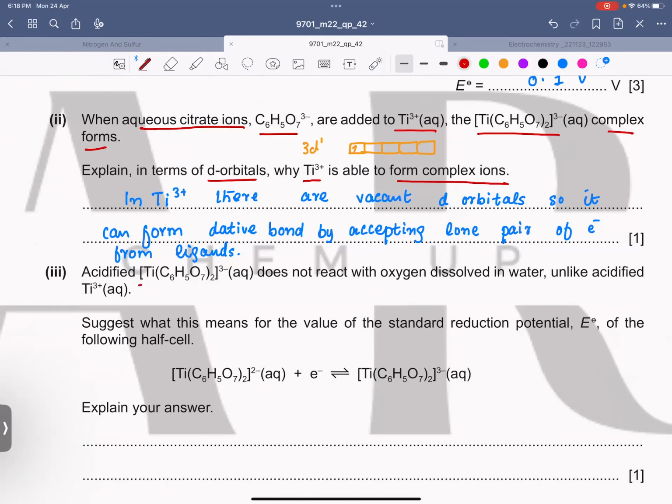So acidified, this complex does not react with oxygen dissolved in water, unlike acidified titanium 3 positive. Suggest why this means for the value of the standard reduction potential of the following half cell.